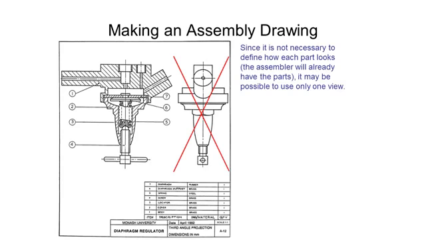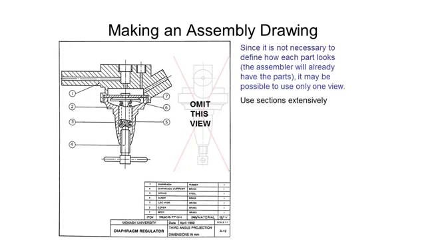So we would omit this view here. This is similar to detailed drawings in that we use as few views as possible, and even more so with assembly drawings, because you can get away with even fewer views than you would have thought. For this drawing we get away with just one single view.